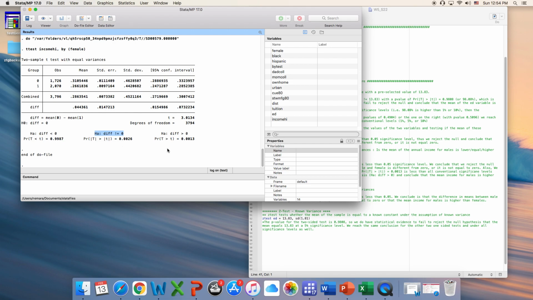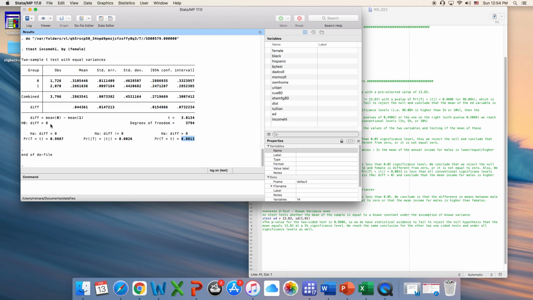The same conclusion holds here. Again, this probability, 0.13%, is less than the three conventional levels. So you would say, again, there is a small probability that the null holds true.